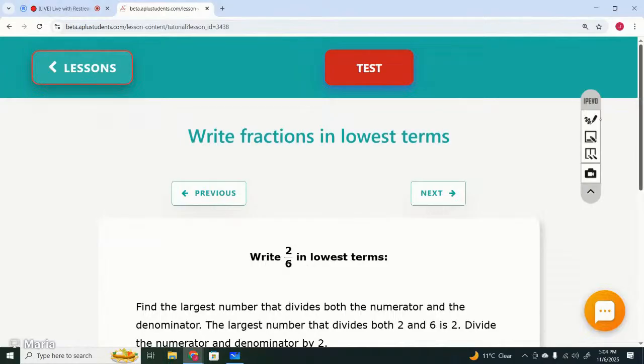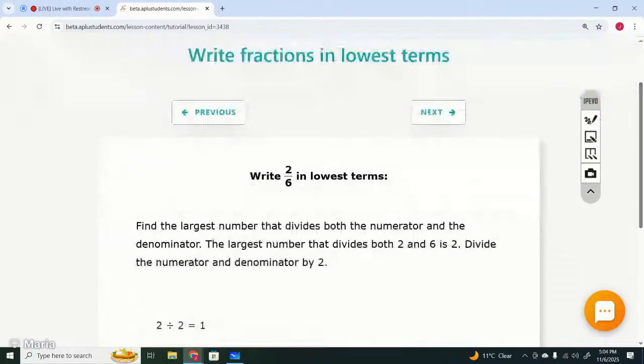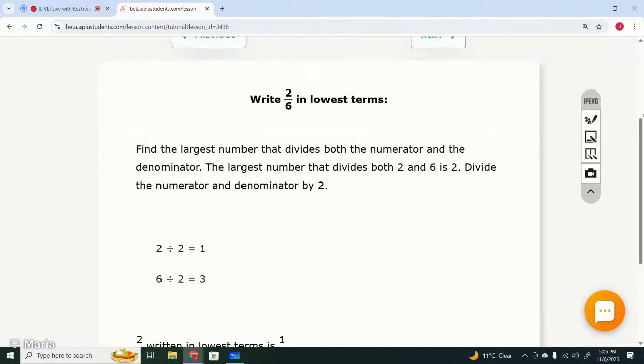Write 2 by 6 in lowest terms. So how do we write fractions in lowest terms? We need to find the largest number that can divide both numerator and denominator. So divide 2 by 6 by the greatest common factor. The greatest common factor is 2.